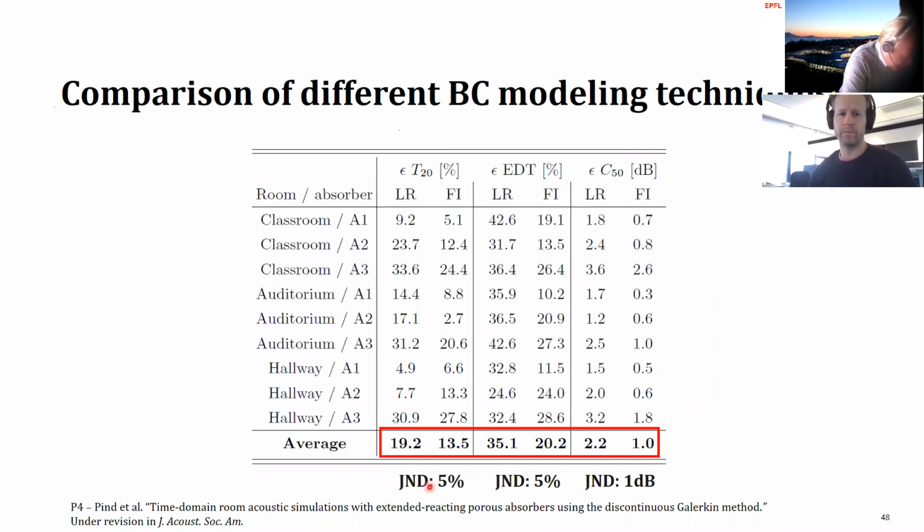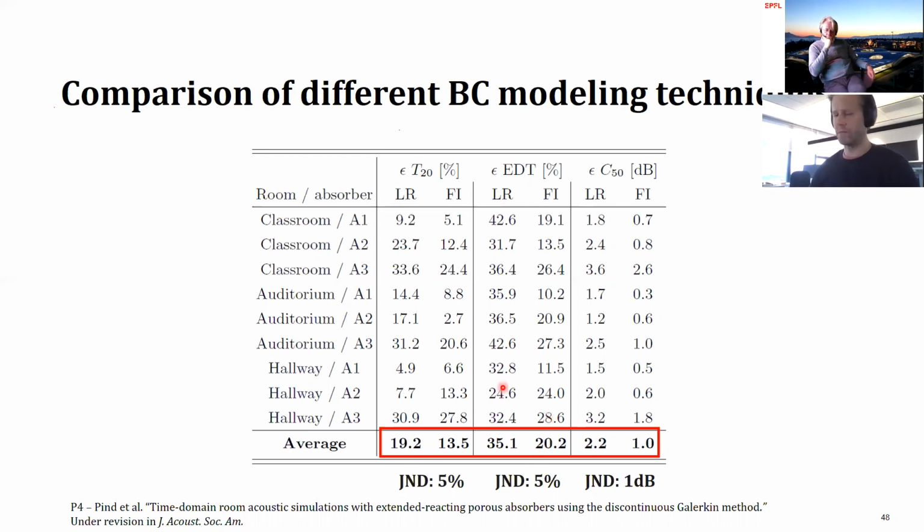When we compare that to the just noticeable difference threshold, which is around 5%, you see that these are clearly perceptible errors. The field incidence approach reduces these errors somewhat, but still above the JND threshold. For the early decay time, we have even larger errors. That is explained by the fact that the early decay time is a very sensitive parameter that depends on the accurate modeling of the early reflections.